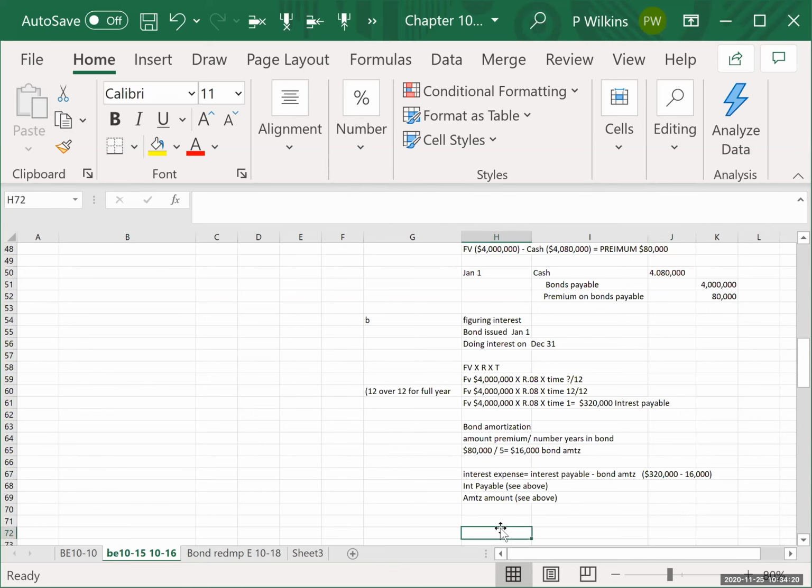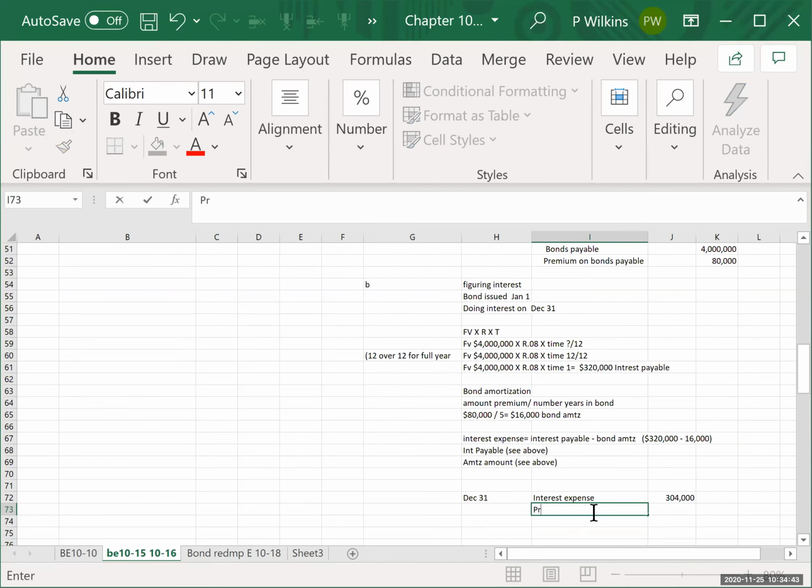Okay. So on December 31, we're going to debit interest expense $304,000. Okay. We're going to debit premium on bonds payable $16,000.